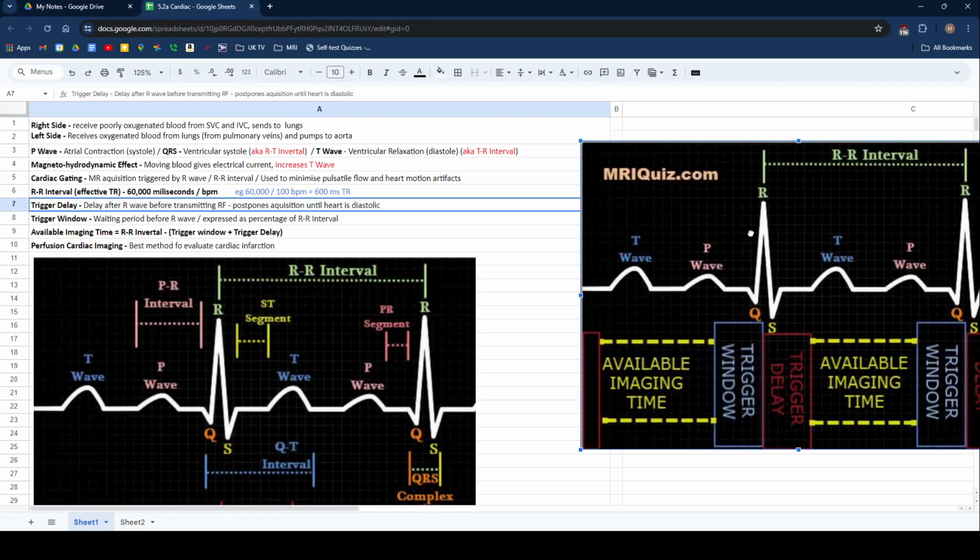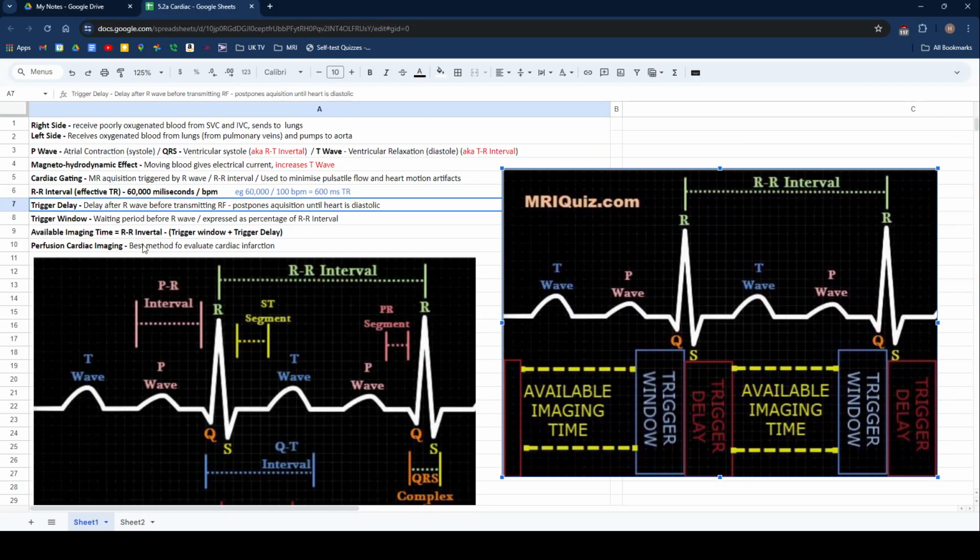Trigger delay over on this side is the delay after the R wave before transmitting the RF pulse. This is your trigger delay after the R wave. It postpones acquisition until the heart is in diastole.